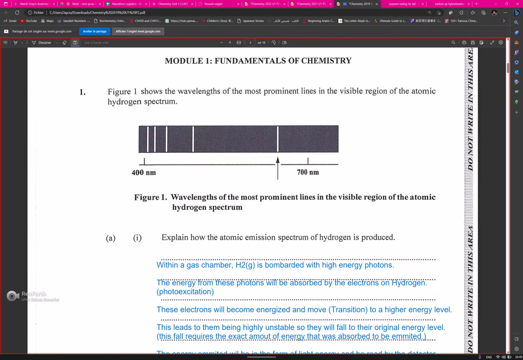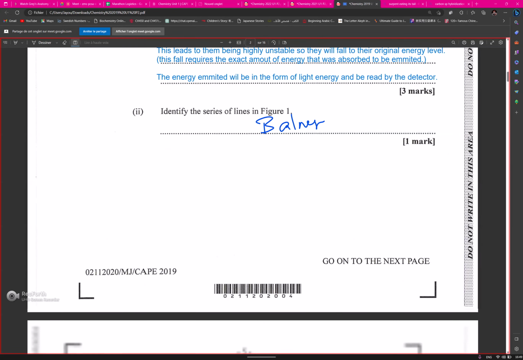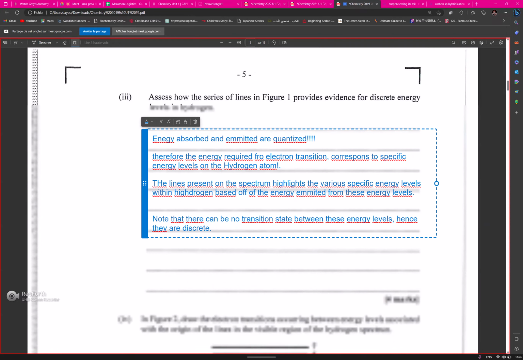When this energy is mapped, it shows that there are only specific levels the electron can be transitioned to, and that proves quantization and that there are discrete energy levels. If you require a specific amount of energy, that means there's a specific energy level that you're going to be occupying.